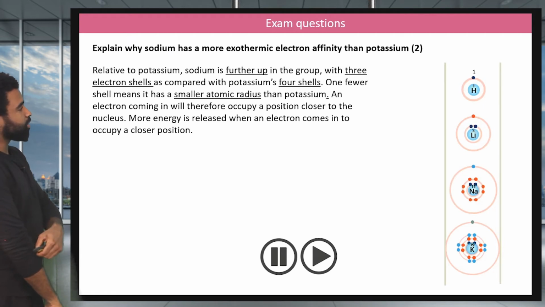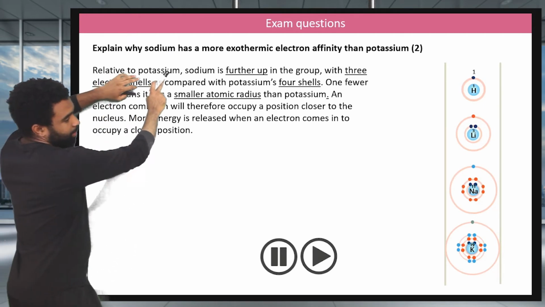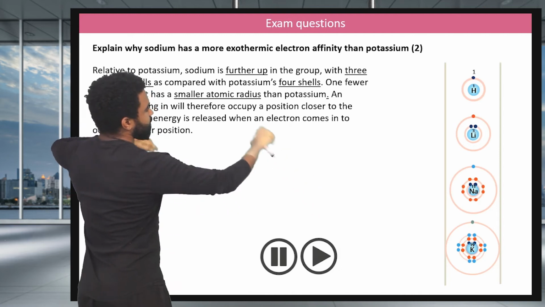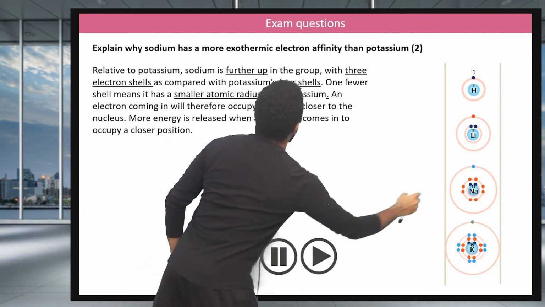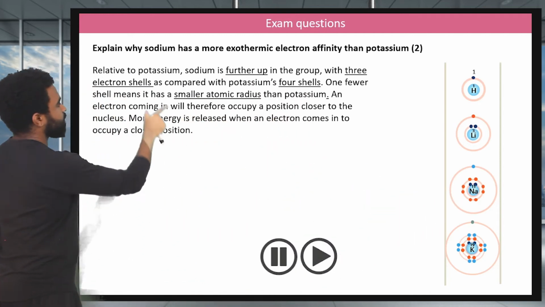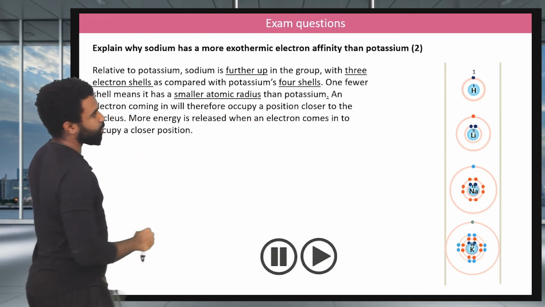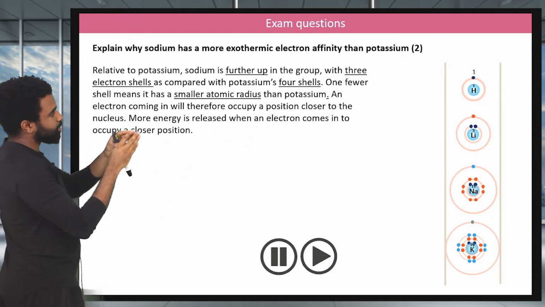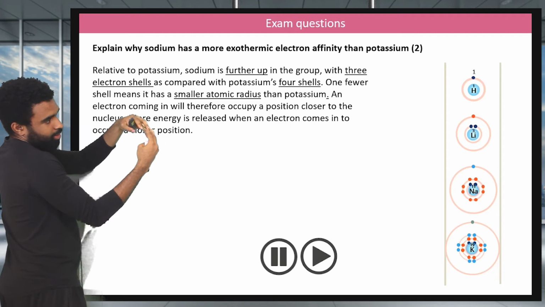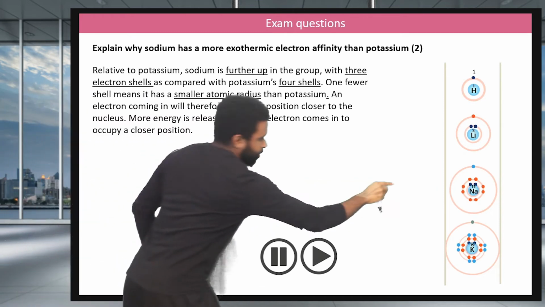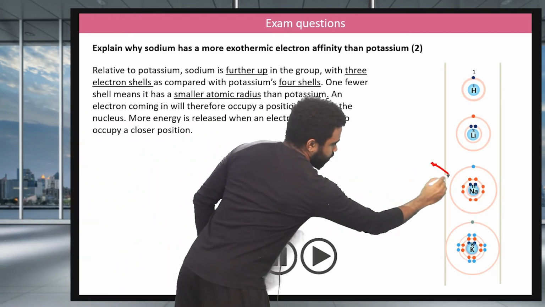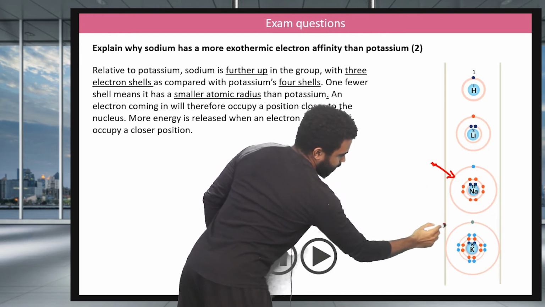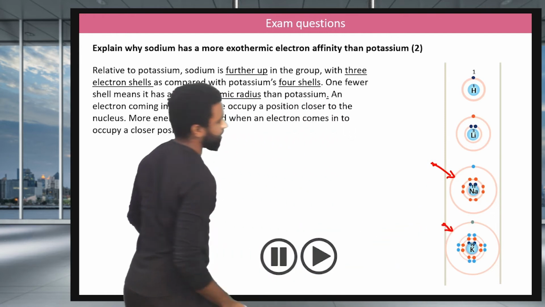Will I read through this one? Okay, I'll read through it very quickly. Relative to potassium, we can see sodium is further up in the group, okay? And it has 3 shells compared with potassium's 4 shells. Because it has fewer shells, it has a smaller atomic radius. So when an electron falls into sodium, it's a bigger fall than when an electron falls into potassium.